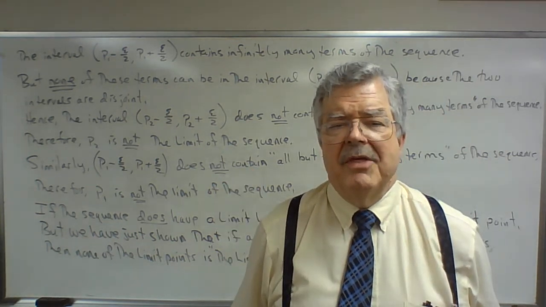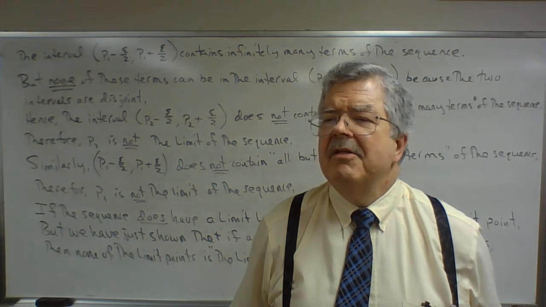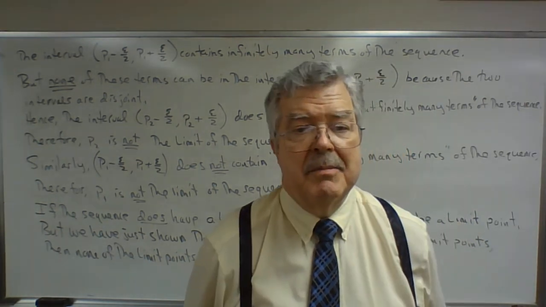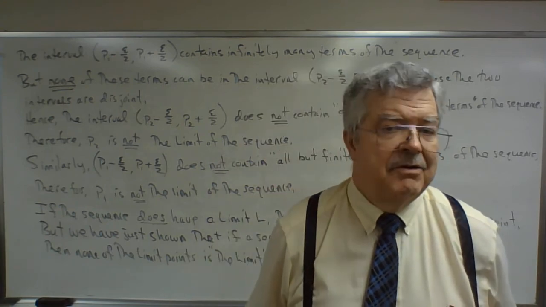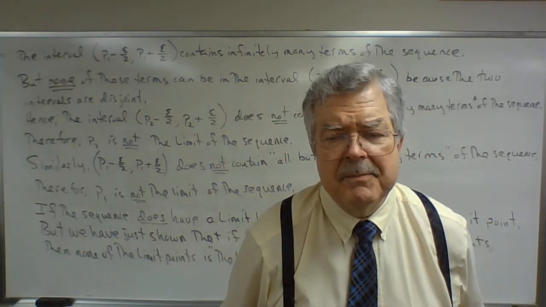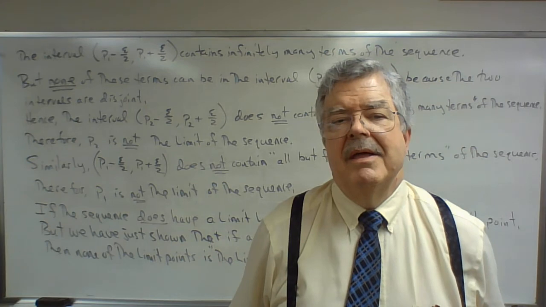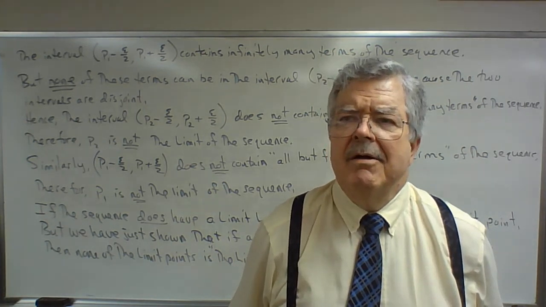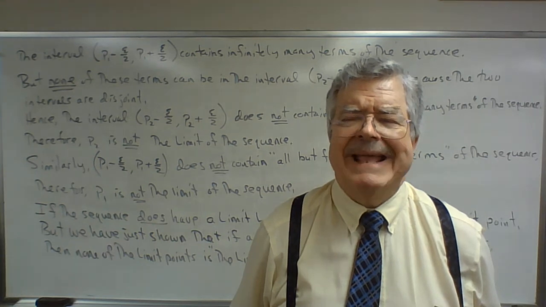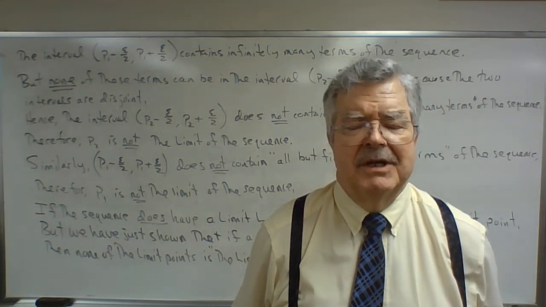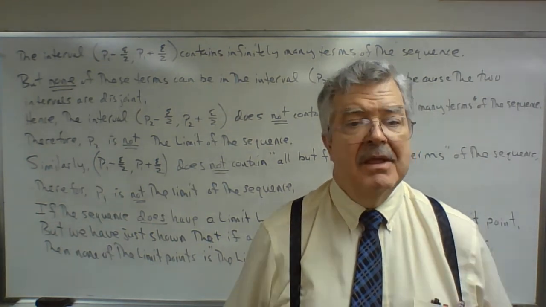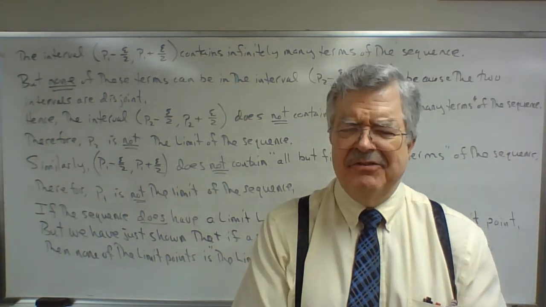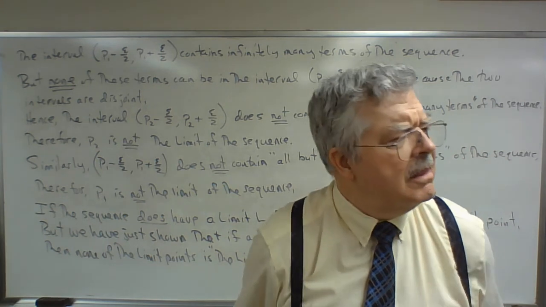And if you can do that, then try to create a sequence that has n distinct limit points for n greater than or equal to 2. And if you can do that, then wow. For any natural number n, we could show that there's a sequence that has n distinct limit points.